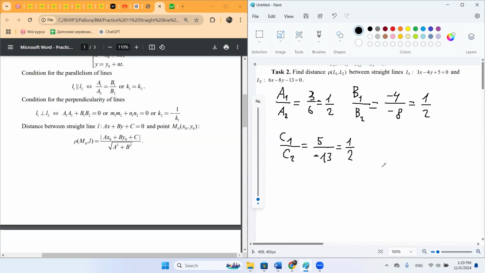How to find the distance between two straight lines? We don't know, there is no formula to find the distance between lines, basically. Any idea how to find this distance?